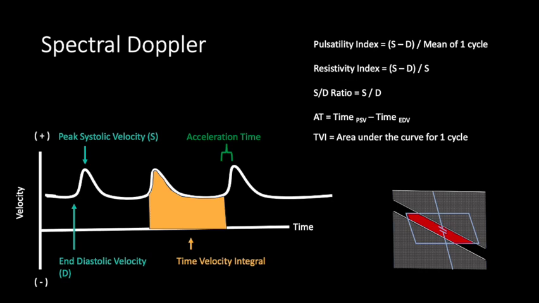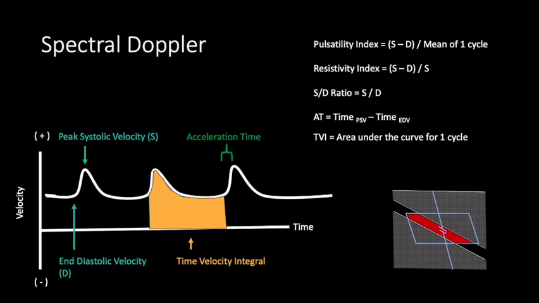Using the peak systolic velocities and end diastolic velocities, we can calculate a number of indices and ratios that sometimes give us clinical information. We can also sum up the area underneath our curve for one cardiac cycle, and this is referred to as the time velocity integral, a value in length, usually centimeters, that refers to the distance of displacement of blood for one cycle.